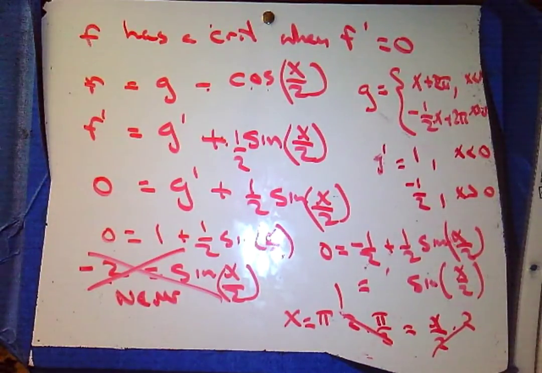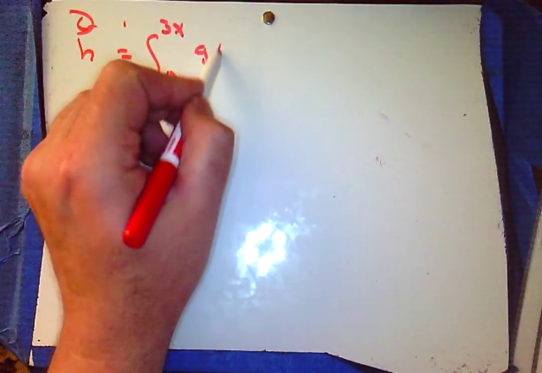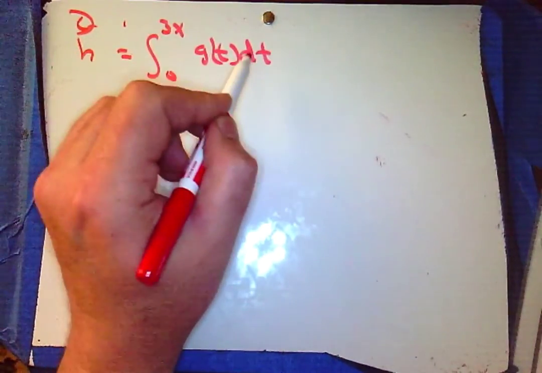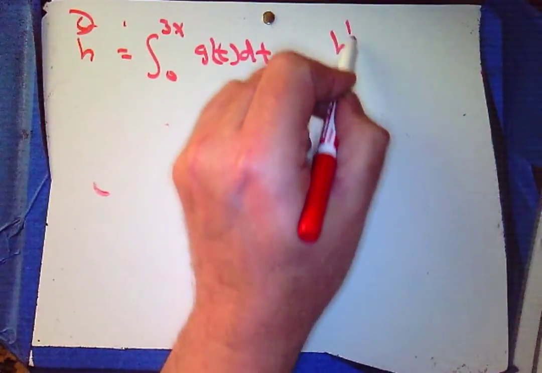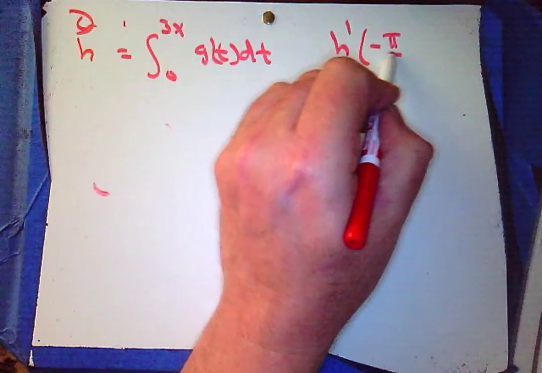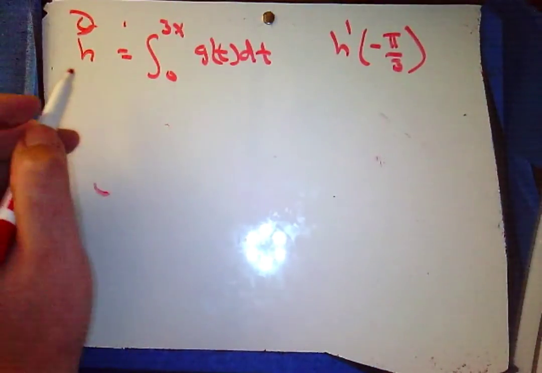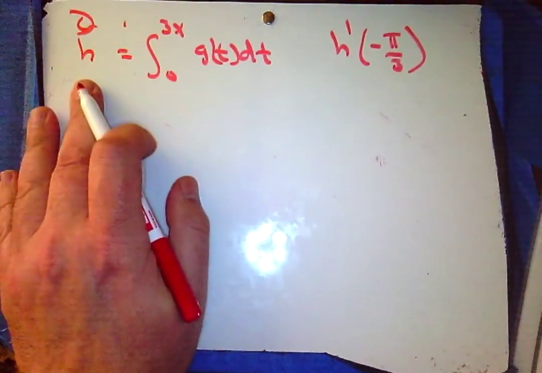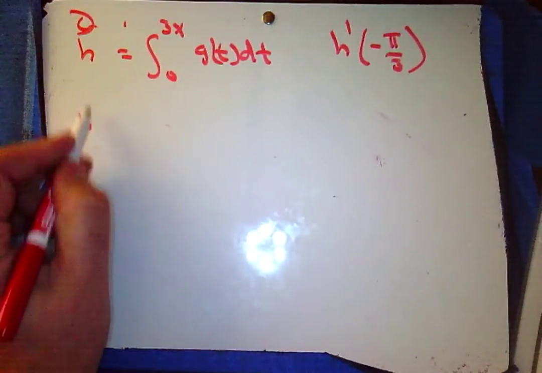Okay. Part C. Now we're given an h of x function. H of x is defined as the integral from 0 to 3x of g of t dt. And we're asked to find h prime of negative pi over 3. Well, h prime is all about taking the derivative of this integral.